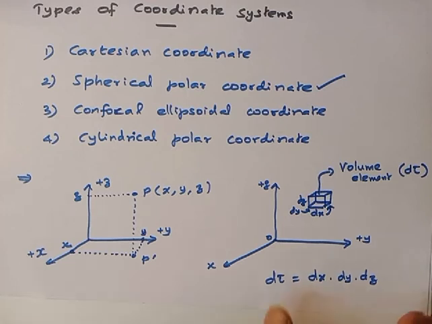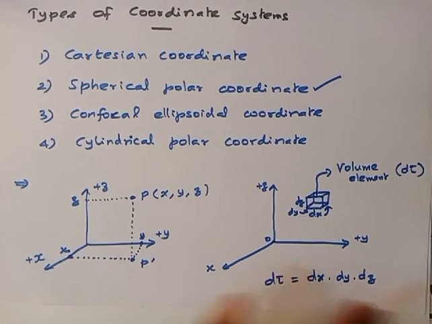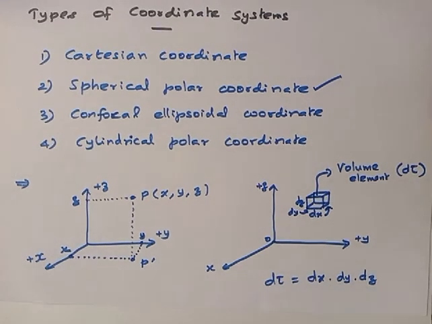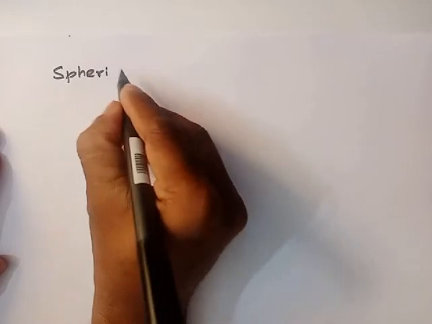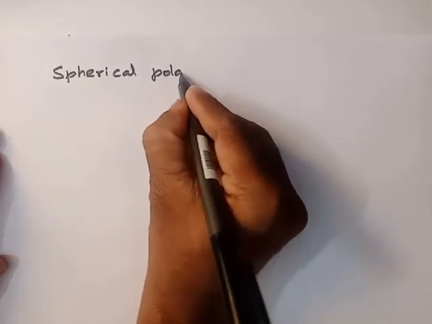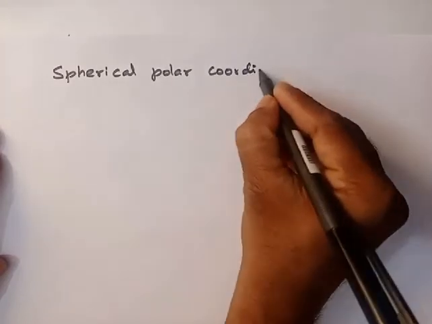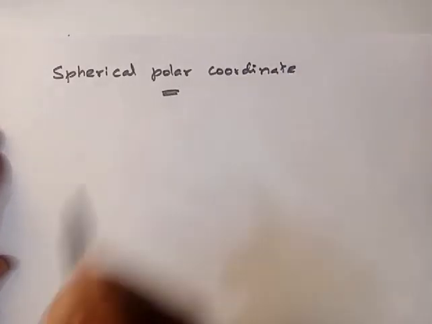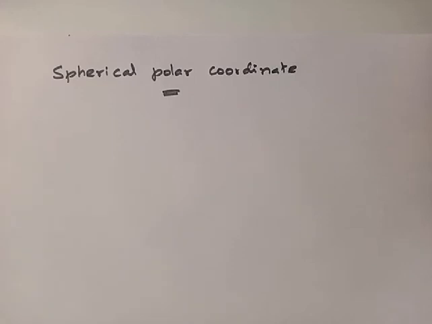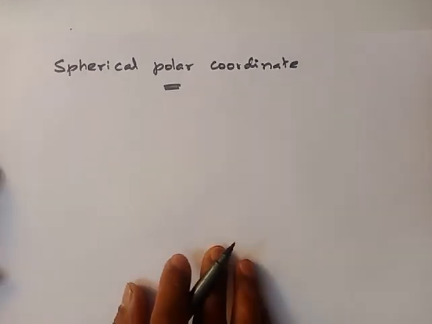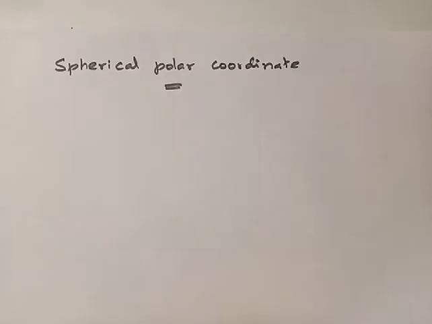Now let's move on to spherical polar coordinate. What is spherical polar coordinate? Whenever the system has a circular symmetry or a spherical symmetry, we can use spherical polar coordinate instead of Cartesian coordinate.